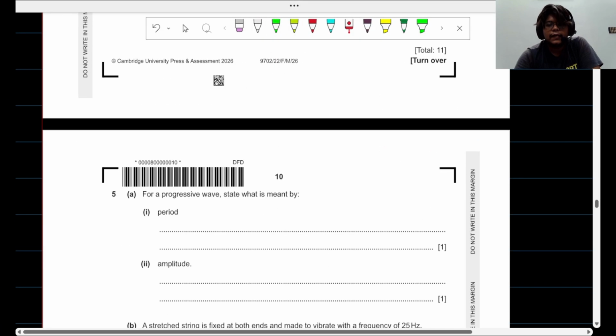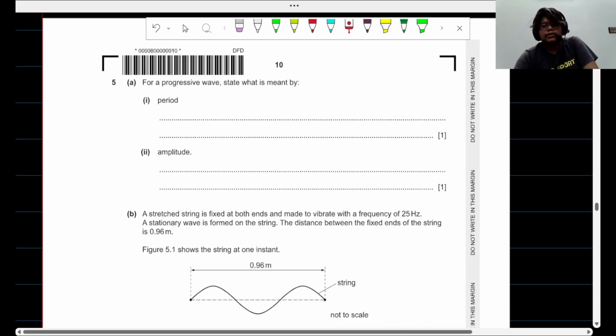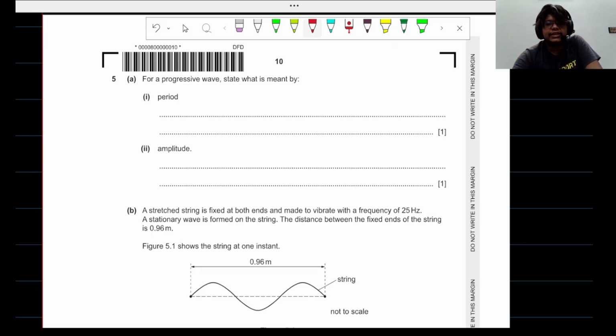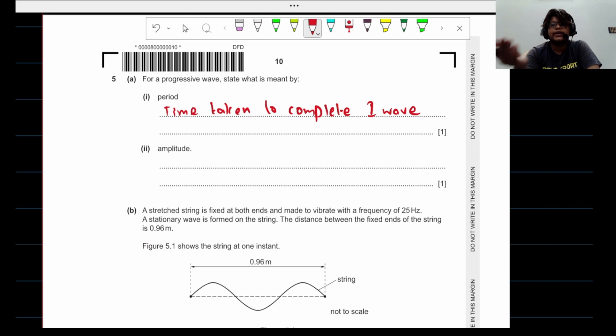Yeah. Now, let's move on to question 5. In question number 5, it says for a progressive wave, state what is meant by period. So it is the time taken to complete one wave, or one cycle, or one rotation, anything that is suitable here.